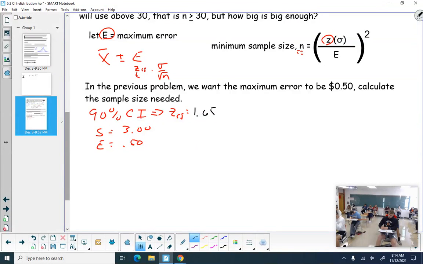What we can now do is calculate what would be our minimum sample size that we would require to have only a 50-cent error. That means we'll have plus or minus 50 cents. Our sample size is our z value times the standard deviation divided by the error, but then we have to make sure we square that.